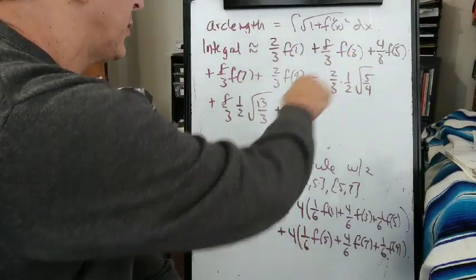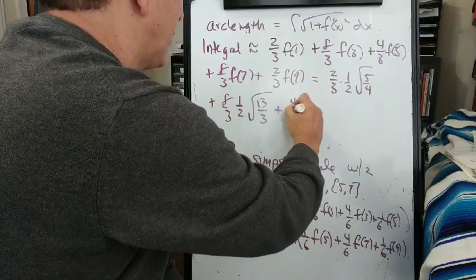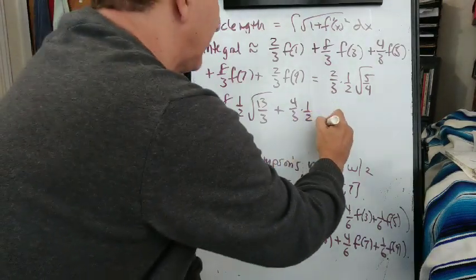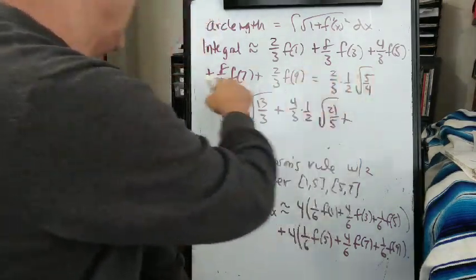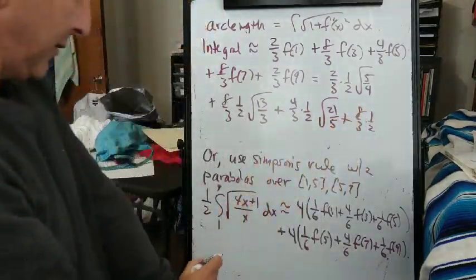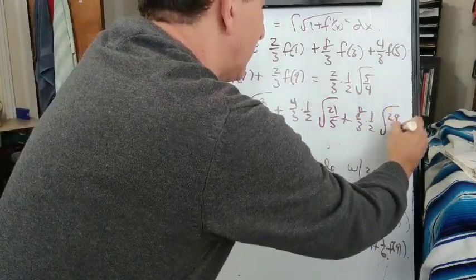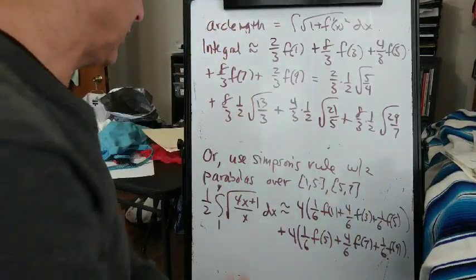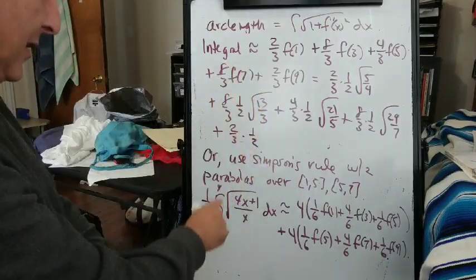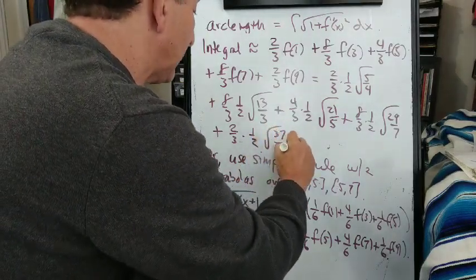And then plus, we're on the 4/3 part, 4/3 times 1/2, f of 5 is square root of 21/5. And then plus 8/3 times 1/2, f of 7, square root of 29/7. Plus 2/3 times 1/2 f of 9. 4 times 9, 36, 37/9.